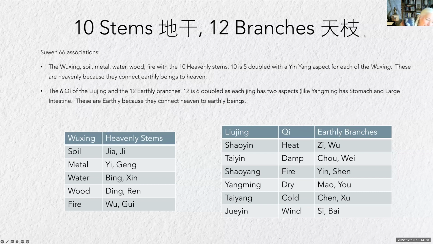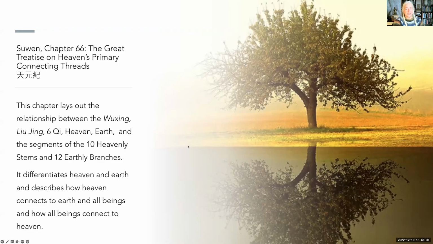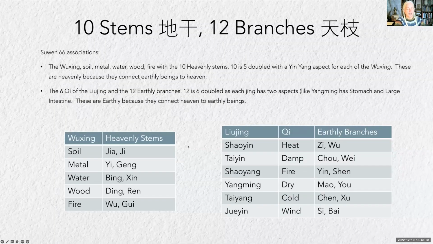Okay, so that is right everywhere else. So sorry about that. But anyway, we have this connection between the wuxing and the stems and the liujing with the qi for each of the jing, and that's associated with the earthly branches.